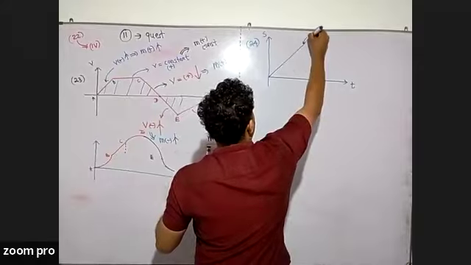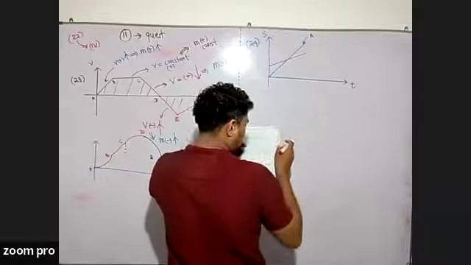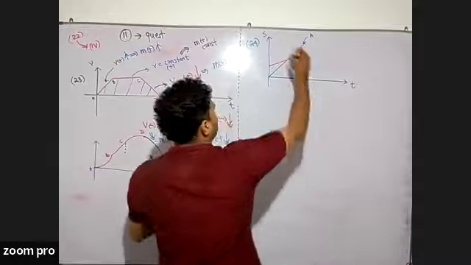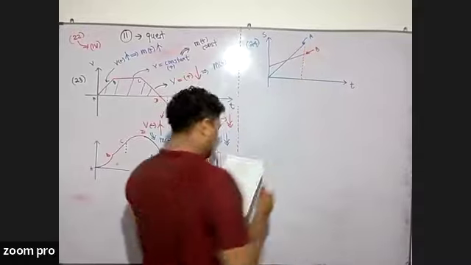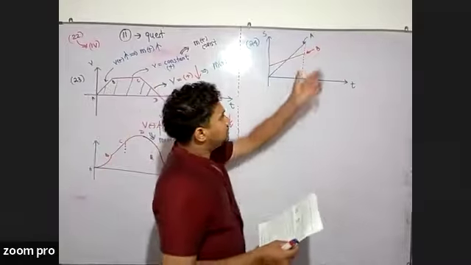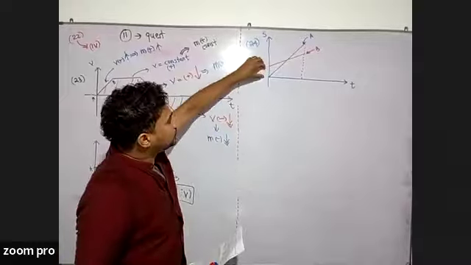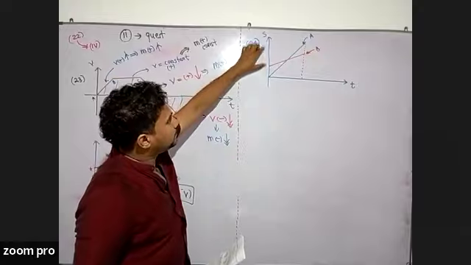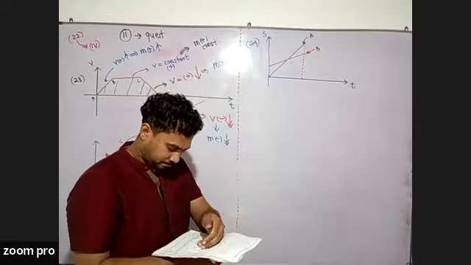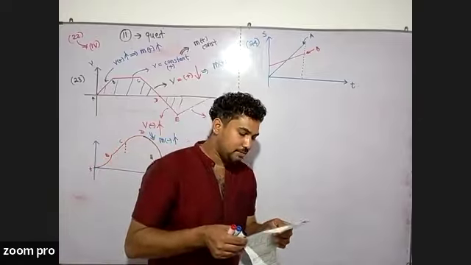This is the motion for A. This is the motion for B. Keep in mind that the gradient of this displacement time graph expresses the velocity, and you can obtain a value for displacement by looking at the y-axis. The object A has traveled for a longer time than B.